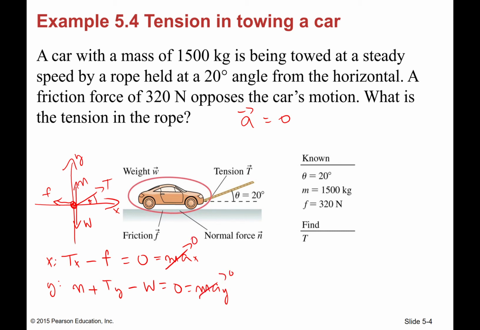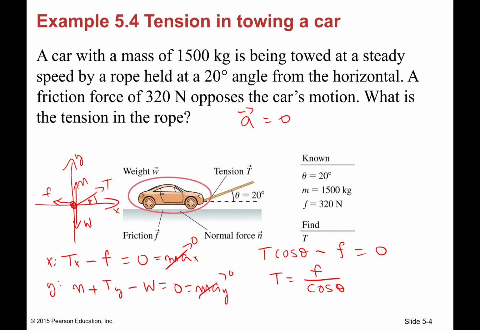The question was to find the tension, so we can use the first equation. From the trigonometry here, Tx is T cosine theta. So we can rewrite this equation as T cosine theta minus the friction force equal to 0, and then T is equal to the friction force divided by the cosine of theta.